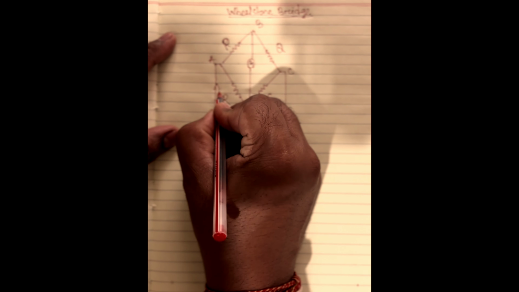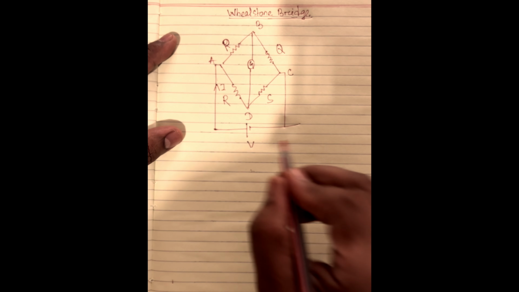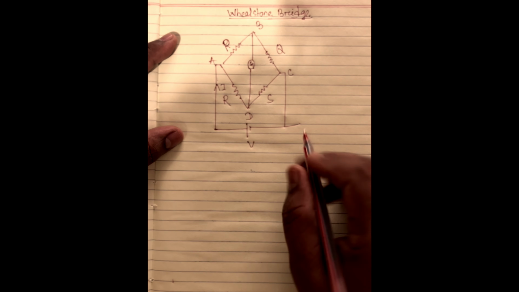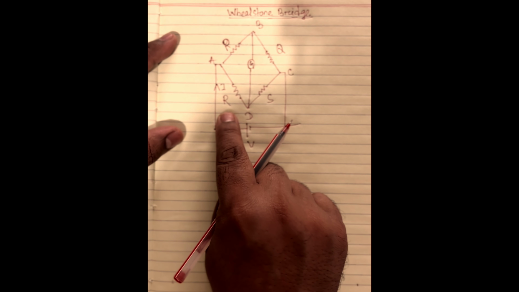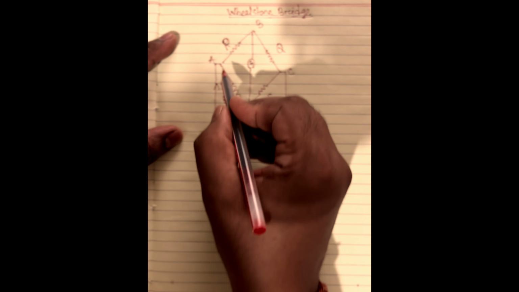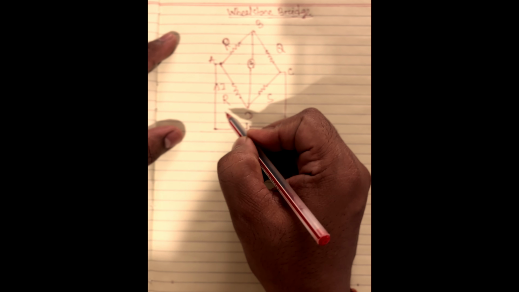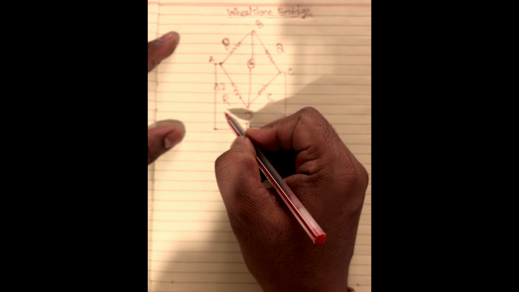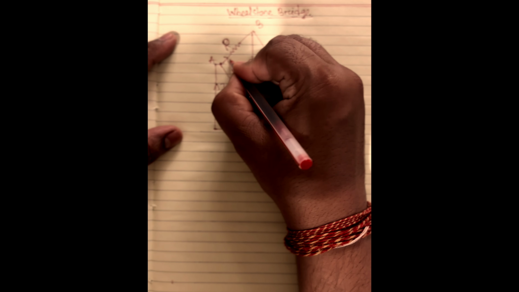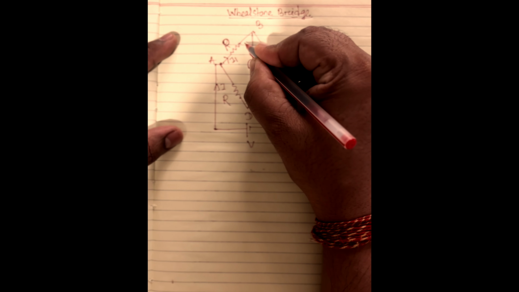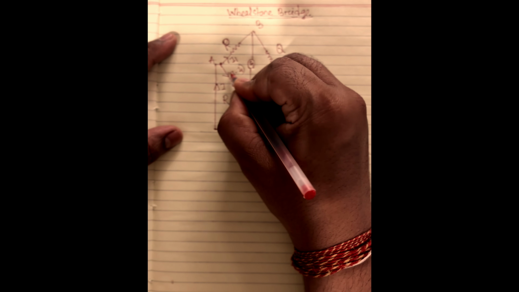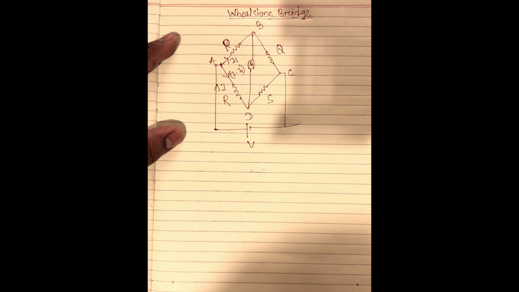That means current I is flowing across the circuit due to the application of potential V. Out of those 4 resistors we must find the value of R. So first of all, when the current I is flowing here, we know the incoming current is equal to the outgoing current. That means according to Kirchhoff's first law, if I1 is the current flowing across the resistor P, then I minus I1 must be the current flowing across the resistor R.